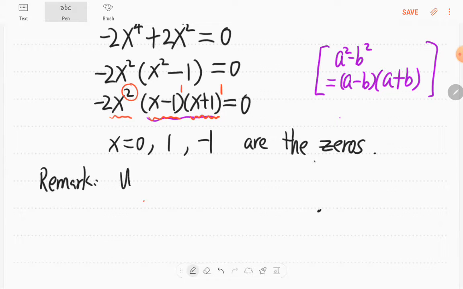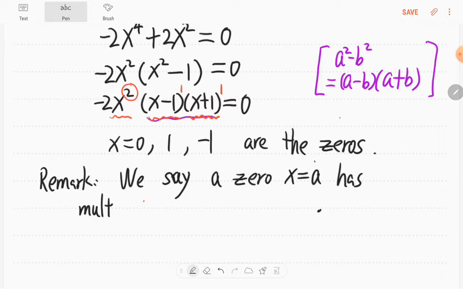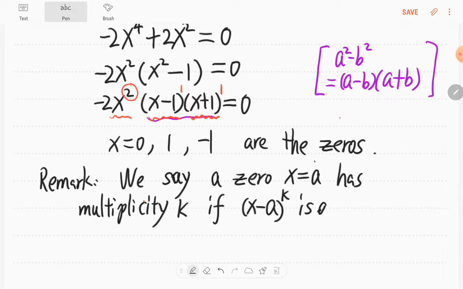We say a zero x equals a has multiplicity k if x minus a to the k's power is a factor of this function f.